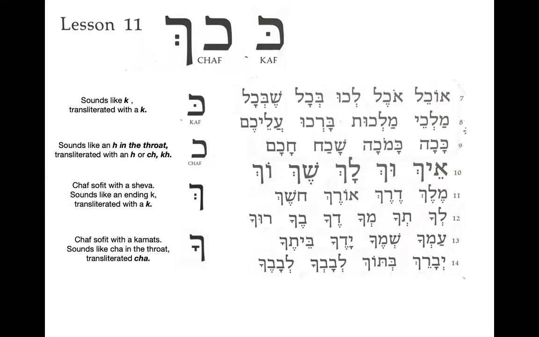Let's look at line 7, ochel, ochel, lahu, the kol. And sometimes you'll see the kaf with a kamatz underneath and it's an O sound, almost always. Kol. Line 8, malche, malchut, barchu, alechem.